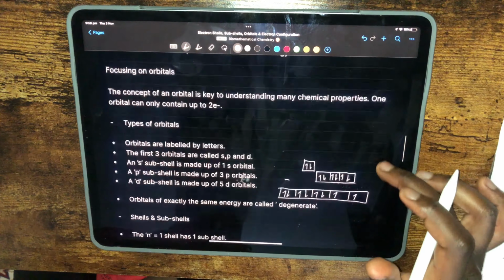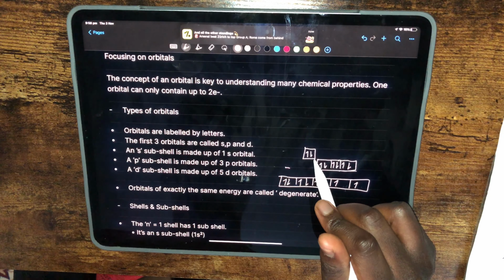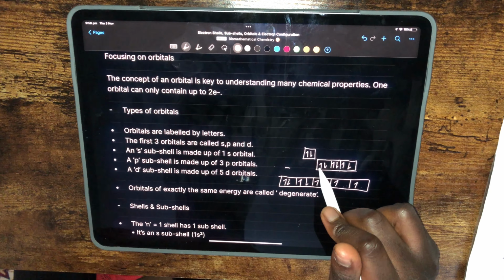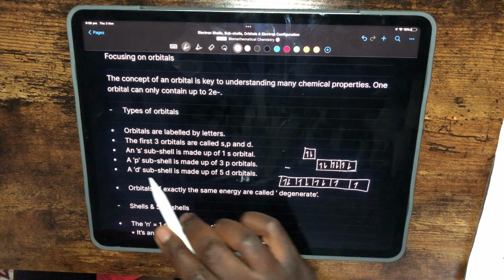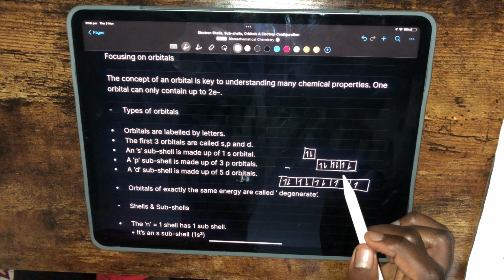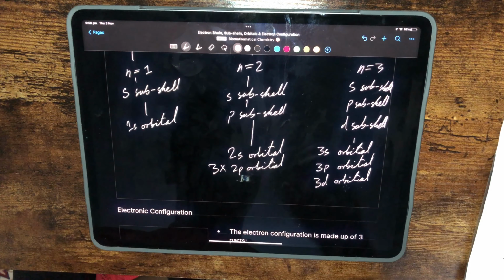Remember I said there's only one s orbital, and then we have your 3p orbitals in the subshell. In a p subshell, when it's maximally full, it will have 3 p orbitals.